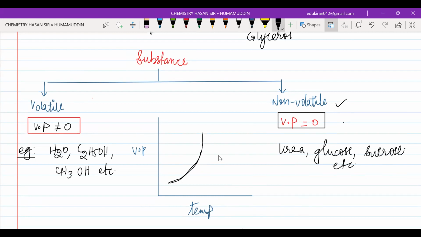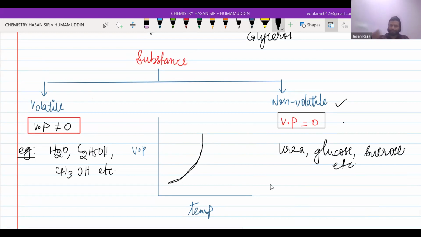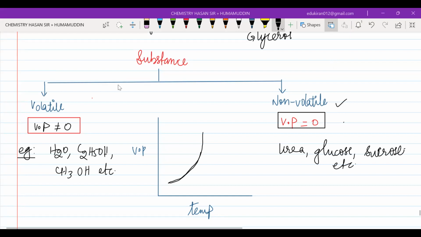After some time, it will be constant because at a certain temperature, all the substance will be converted into vapor. Like if you are going to boil water, and it attains a temperature of 100 degrees centigrade, then all the water will be converted into water vapor. So please do that.